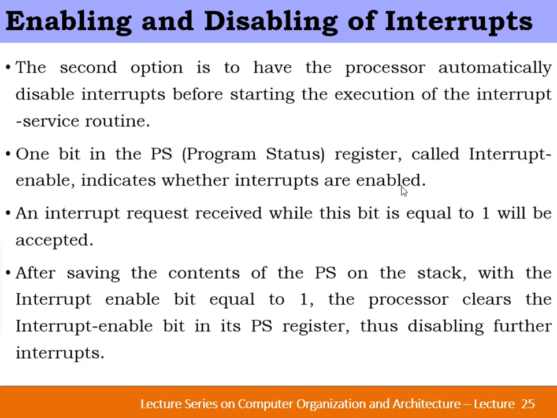Here, in the second option, we are going to concentrate on the program status register. In the program status register, we have one bit dedicated to enabling as well as disabling the interrupt. The one bit in the program status register, called interrupt enable, indicates whether the interrupts are enabled or disabled. Depending upon the value of that bit, interrupts may be enabled or disabled.